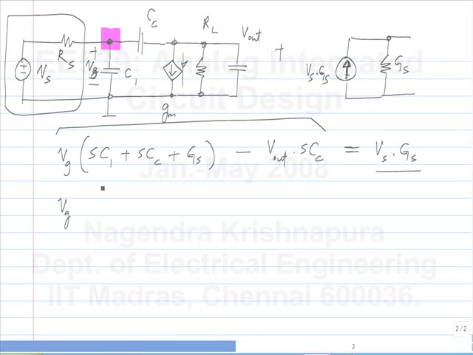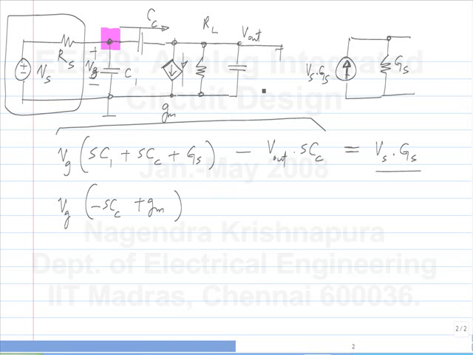What's the coefficient of Vg? Huh? First of all, you get minus sCc because of this, and because of this control source, you get plus gm. Again, we are summing the currents flowing out of this output node. Okay?